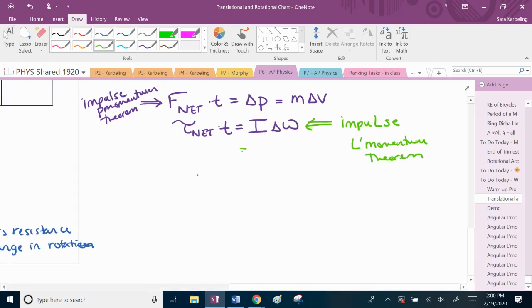This is also equivalent to delta L. Angular momentum is marked with an L. Just like we said for regular momentum, if it's a closed system, the total momentum of a system isn't going to change. Same in this case. If there are no outside forces acting, then the angular momentum of a system will not change. Same stuff. You guys, this is such a big deal because it's exactly the same.